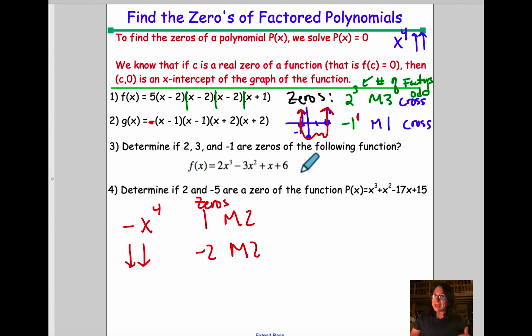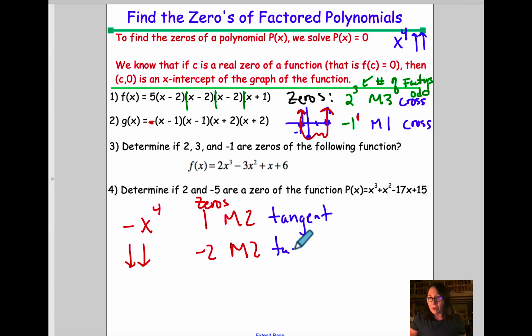Okay, so what that means, now if they were odd, I crossed the axis right through there. But if these values are even, if I have an even number of the same zeros, that means that my graph at that point is what we call tangent.